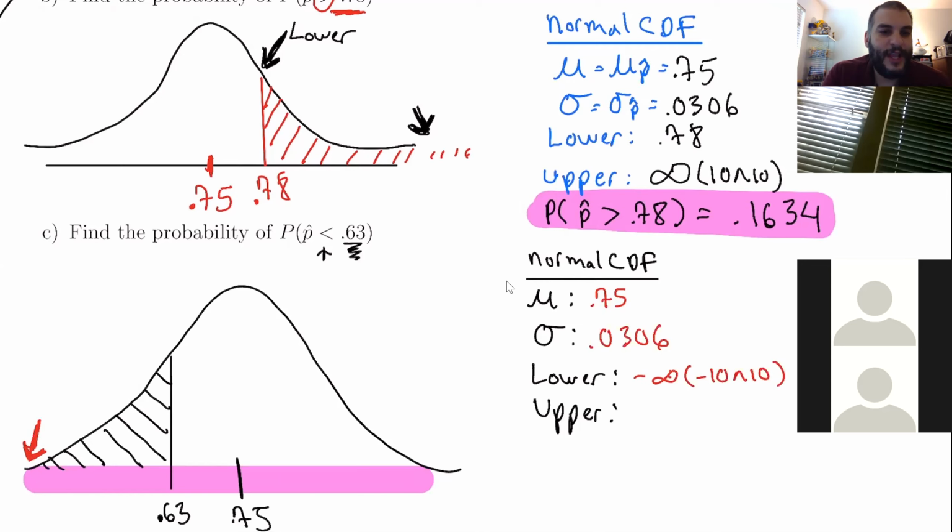Then the upper bound is right over here, the highest value that we shaded, which is 0.63. Since that's the highest value that we shaded, we put 0.63 as your upper bound. Any questions so far on what we have for mu, sigma, lower, or upper? So let me go ahead and write this before I go over to the TI-83.